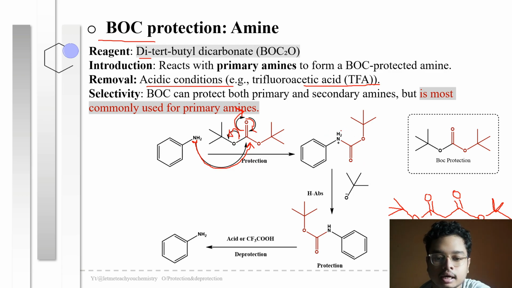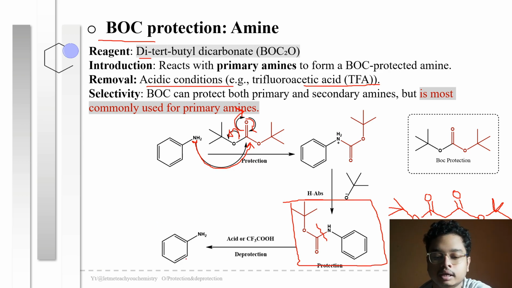So an amide-type bond is formed, and this tert-butoxide part captures the excess hydrogen. The hydrogen abstraction takes place, forming this amide-type bond, which is the protected form of the primary amine using Boc. Then, using acid or trifluoroacetic acid, we selectively cleave this bond to get our desired primary amine.